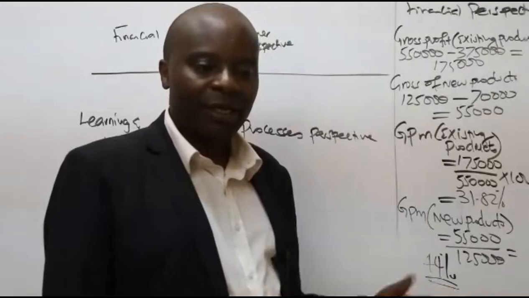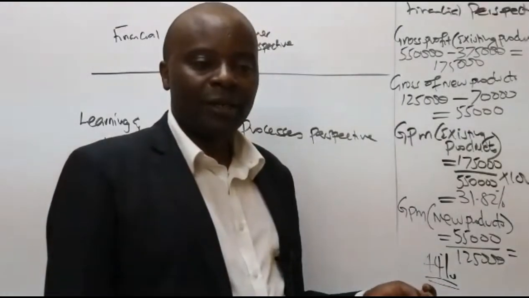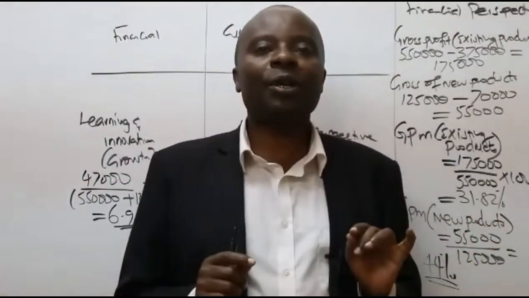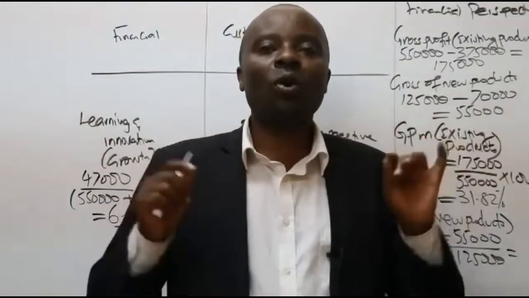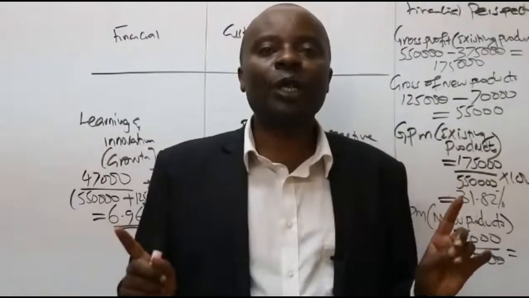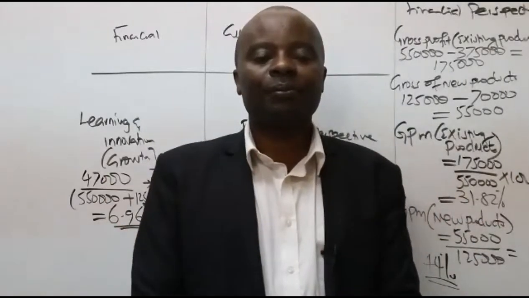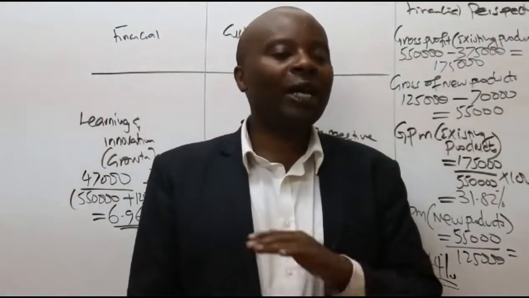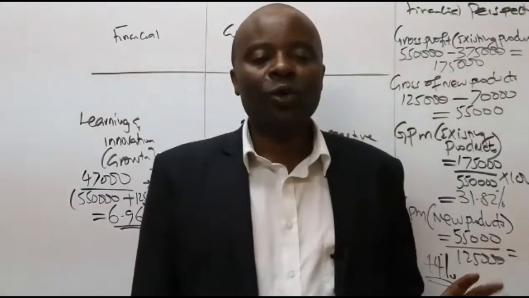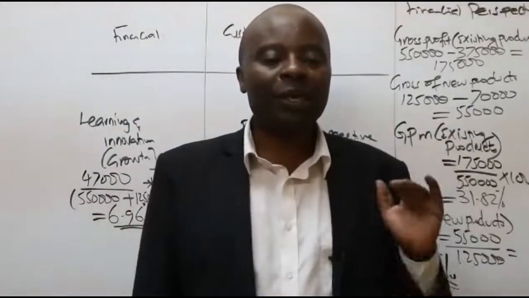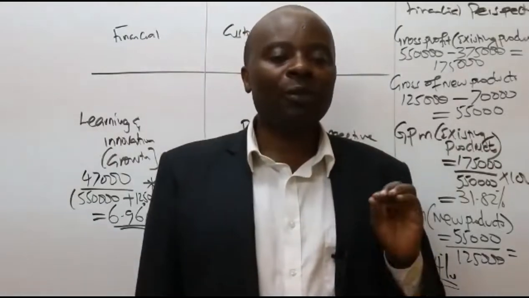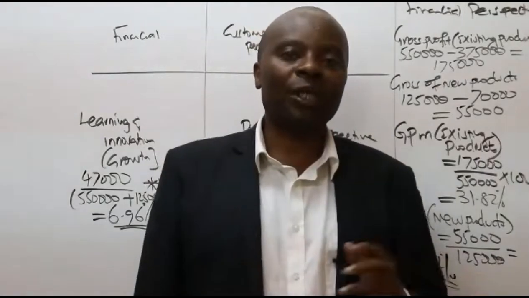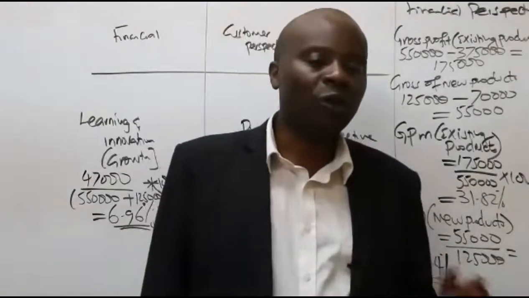Somebody could have decided to get the gross profit of the existing products alone, and then the gross profit of the two products put together. So there is no hard rule for this. Whatever you write down, so long as it makes sense, so long as it's a metric which will help us pick between, for example, two companies to say this company is doing much better than the other, no problem.